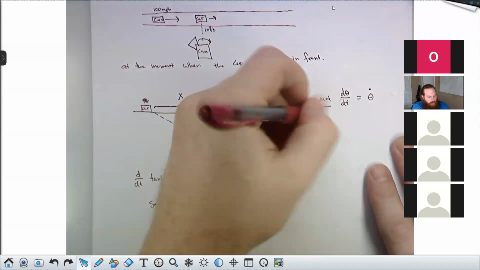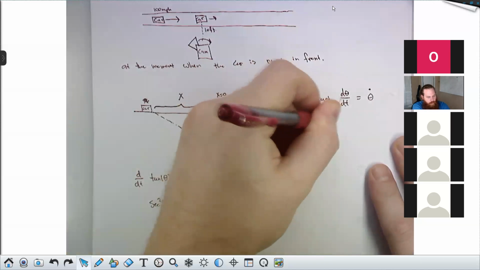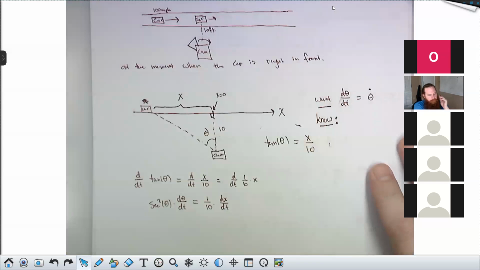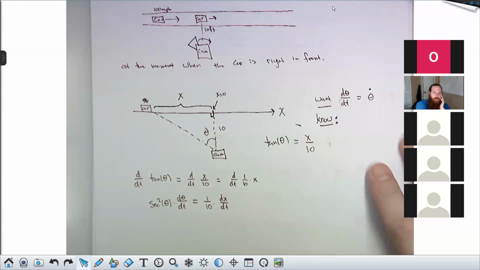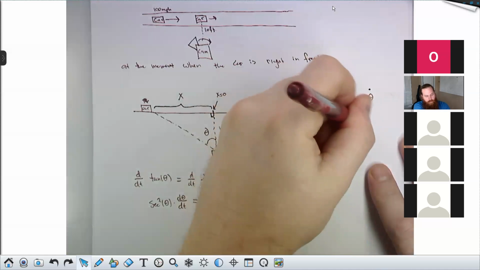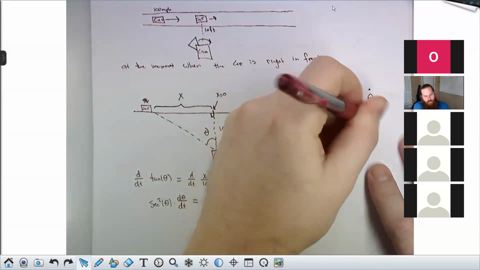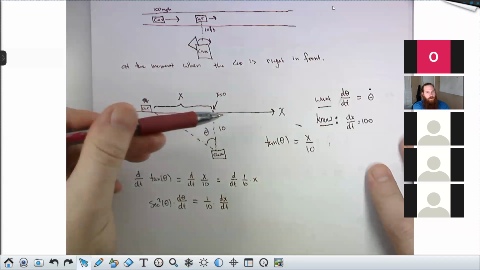So now I'm at that phase where I want to ask, what do I want and what do I know? I know I want d theta dt. What do I know? Do I know what dx dt is? 100 miles per hour. Good. Because the race car is going this way at 100 miles per hour.